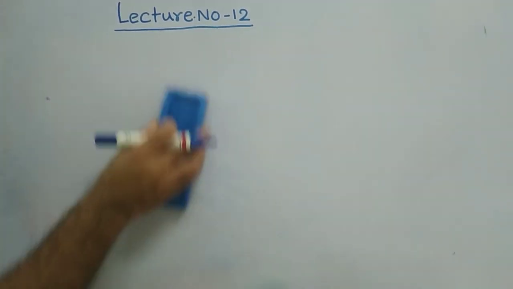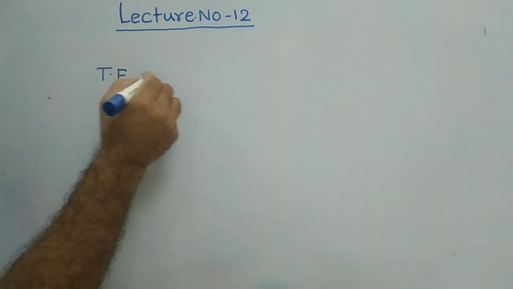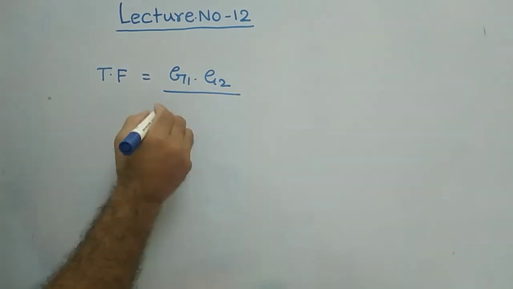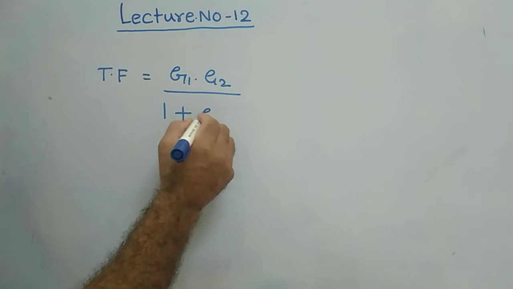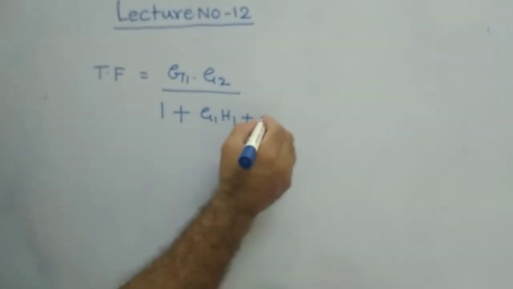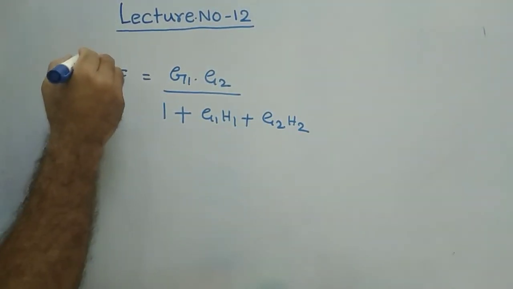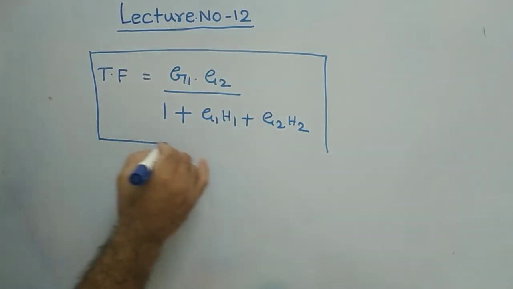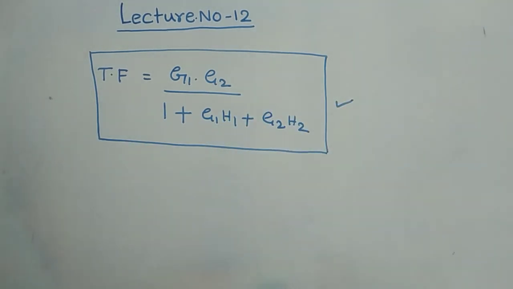If you substitute those two, then your transfer function is equal to G1, G2 by 1 plus G1 H1 plus G2 H2. That's all. This is your final answer for that question.